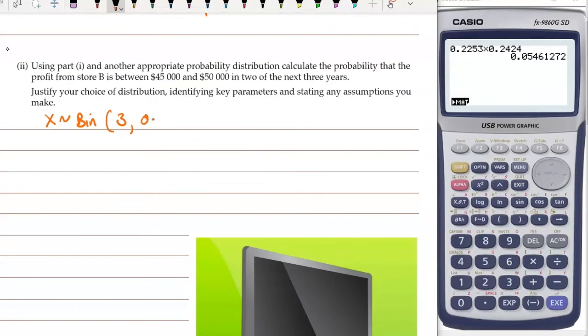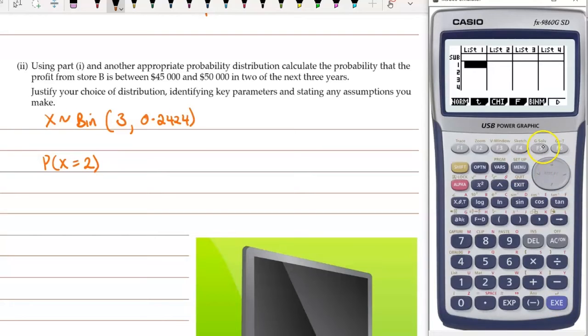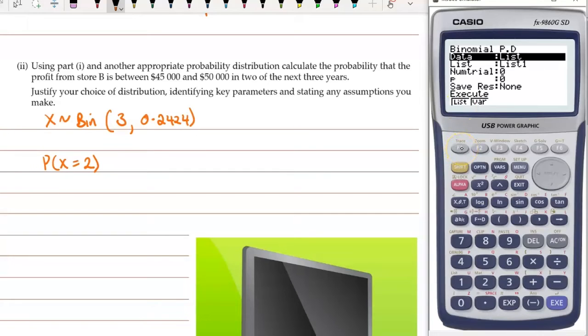So we can put 0.2424 in for our probability. Now we want to work out the probability that X is equal to 2, so exactly 2 of the 3 years matches this criteria. So statistics, distribution. This time we're doing F5 for binomial distribution. We're doing BPD for exactly at a point, so that is F1.